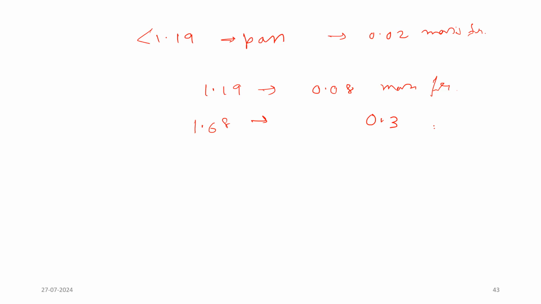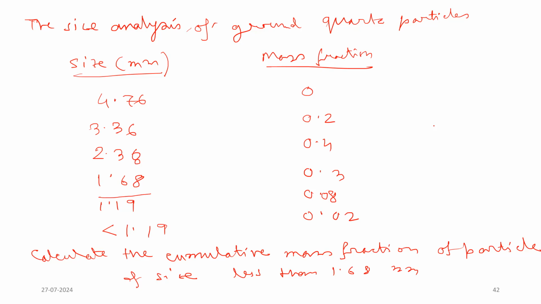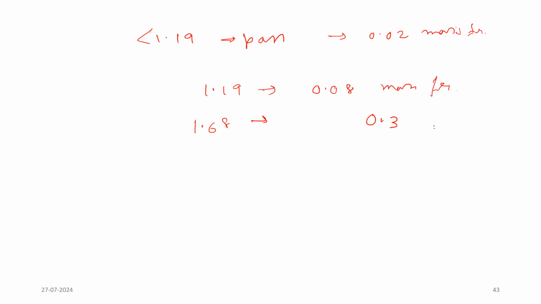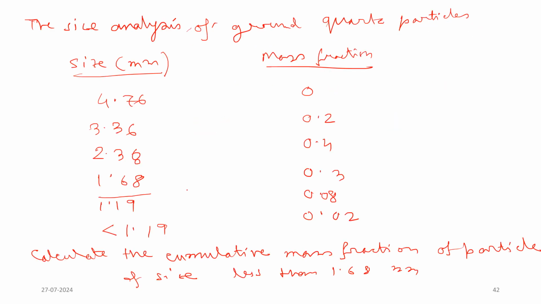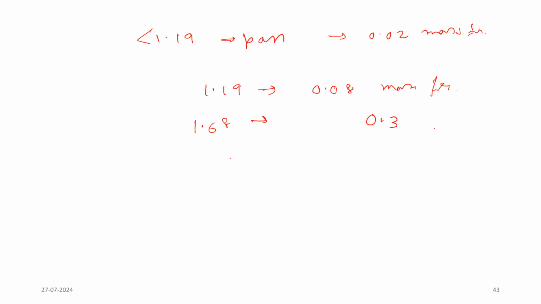So the question asks what is the cumulative mass fraction of particles less than 1.68? In the 2.38 sieve, 0.4 mass fraction is there.